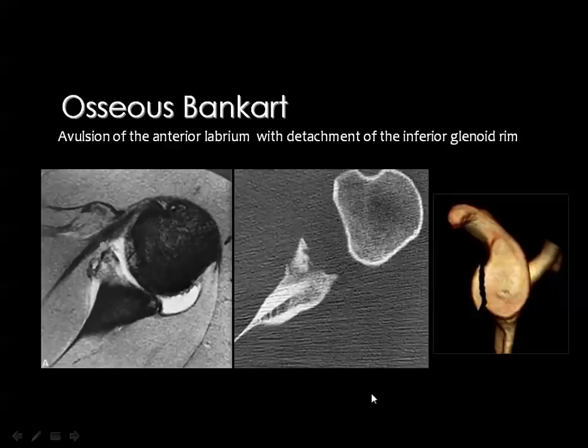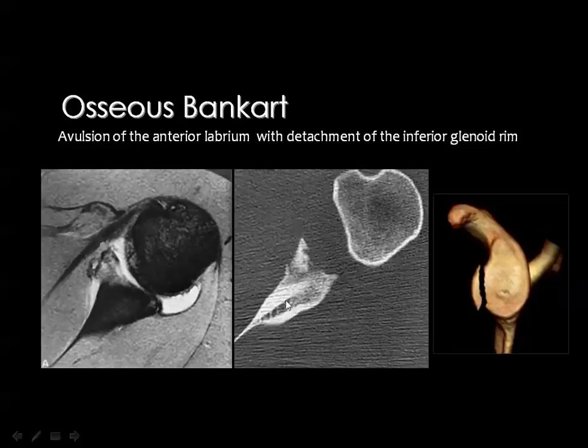Then if the anterior glenoid labrum has been torn, and its bony part, or the part of the glenoid which is attached to the anterior glenoid labrum, is also fractured, then you call this an osseous Bankart lesion.